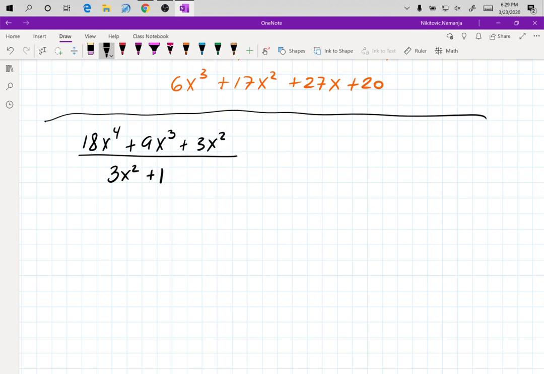Notice that you do not have all of the exponents present. This is problem 15. There is no x term here, and there is no constant term here.